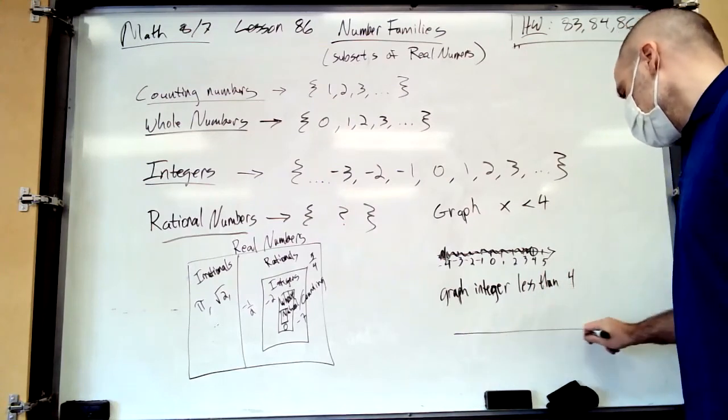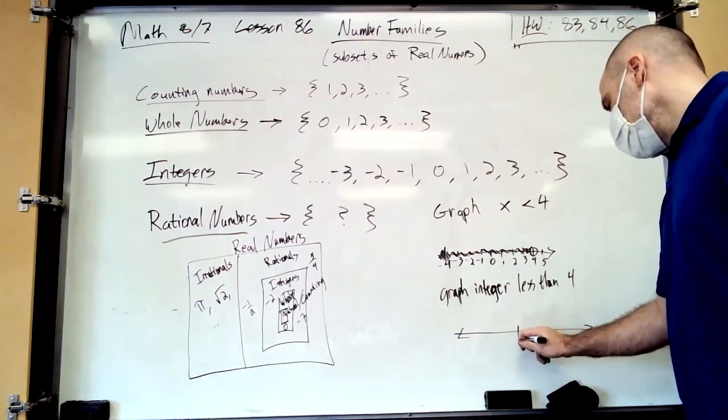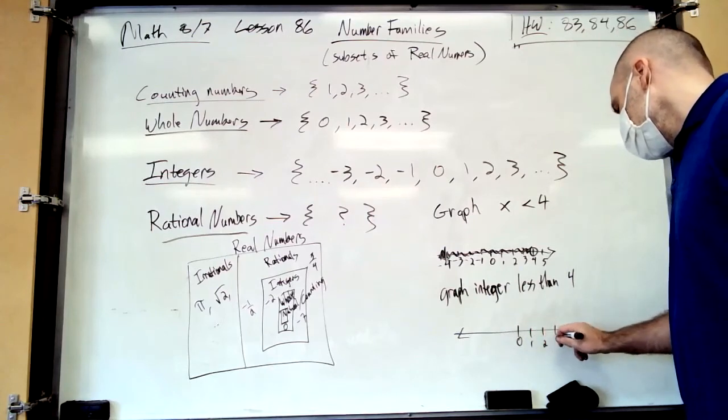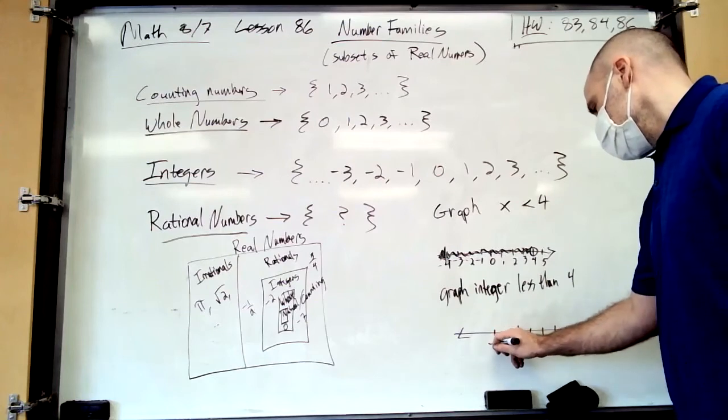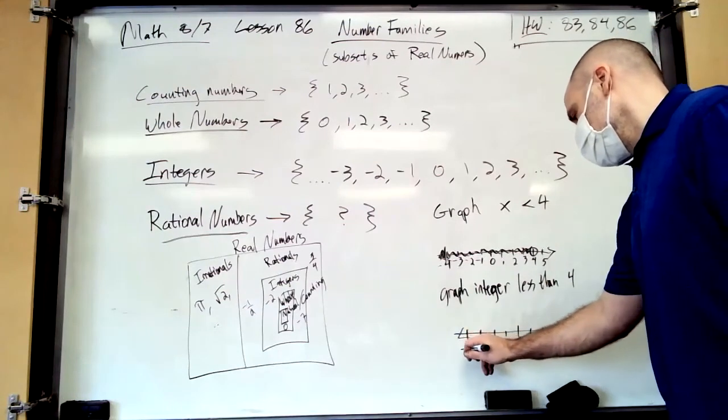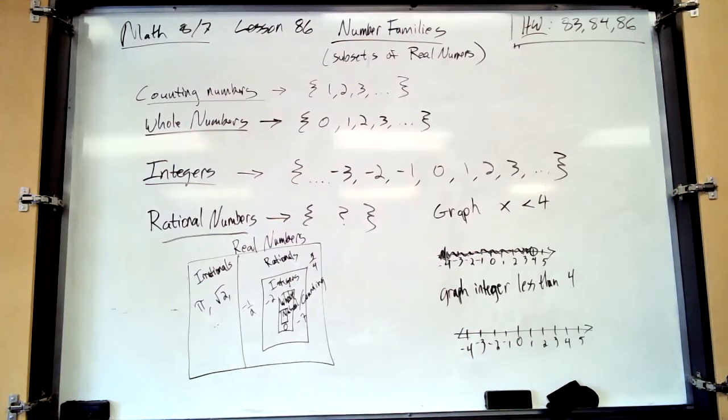I'm going to draw my number line on here again. What if I wanted to just graph the integers less than 4? What do I do?